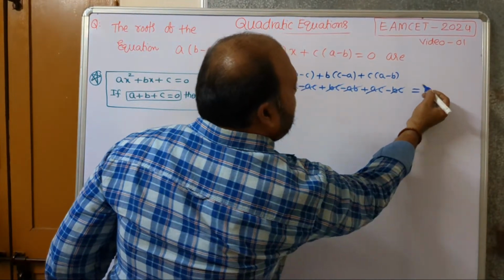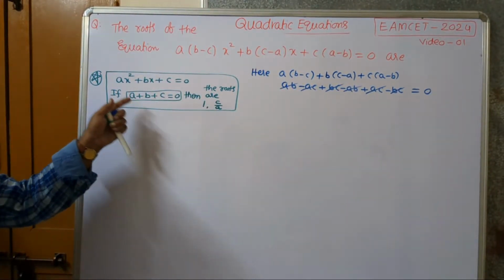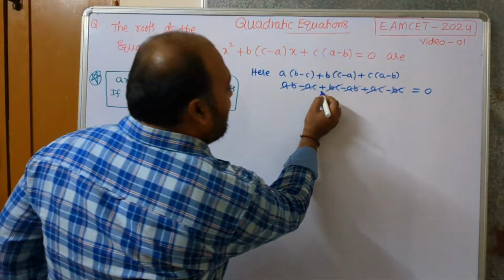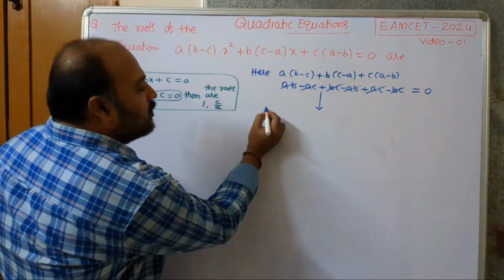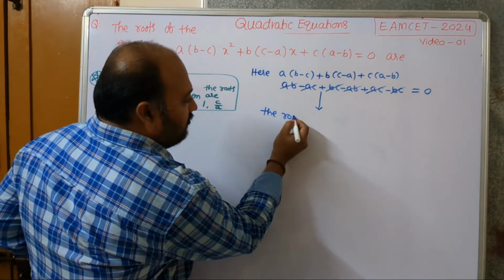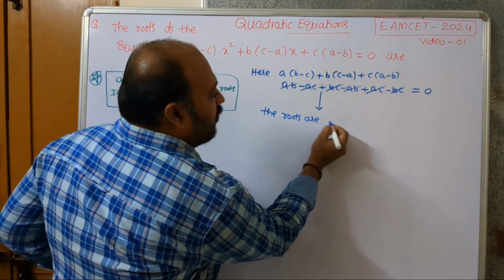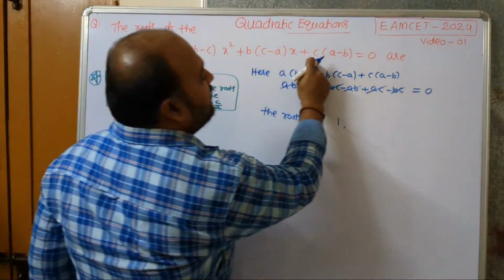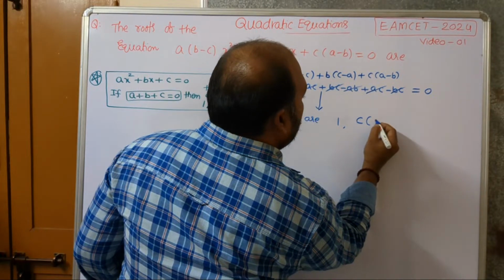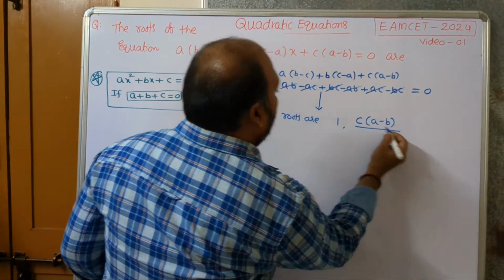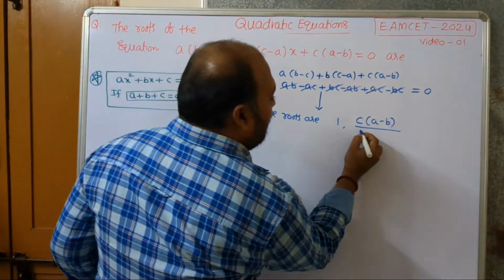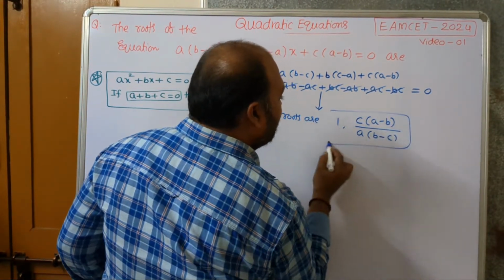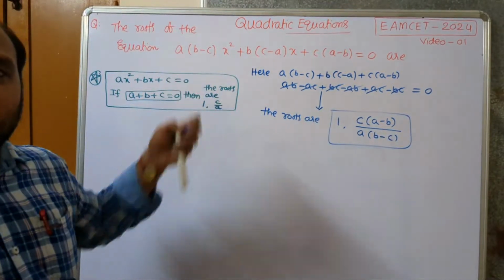So that means a plus b plus c equal to 0. This condition is satisfied. Whenever this condition is satisfied, the roots are 1 comma c by a. This is a, this is b, this is c. c by a means c into a minus b divided by a into b minus c. So these are the roots of the given quadratic equation.